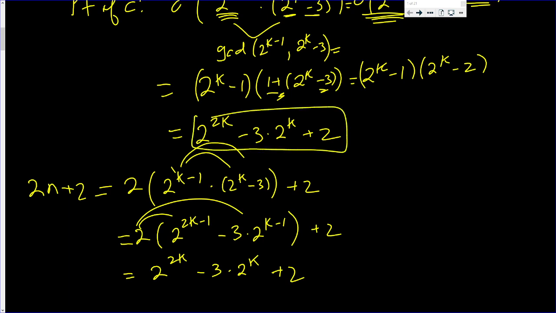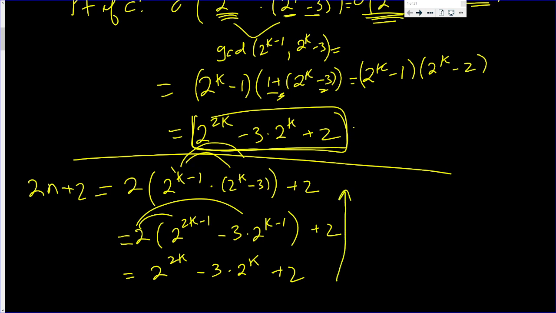So basically, if you wanted to continue from this line here, just go up. This is the same as, so I factor out a 2 times 2 to the k minus 1, 2 to the 2k minus 1, minus 3 times 2 to the k minus 1 plus 2, go up to the top line, and we'll get the following.